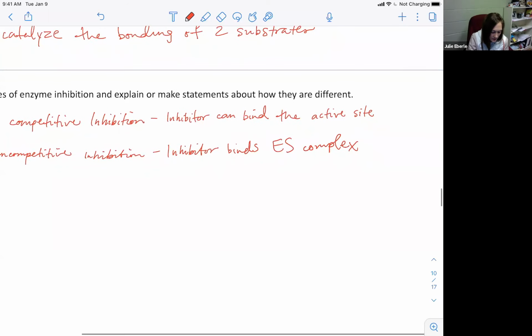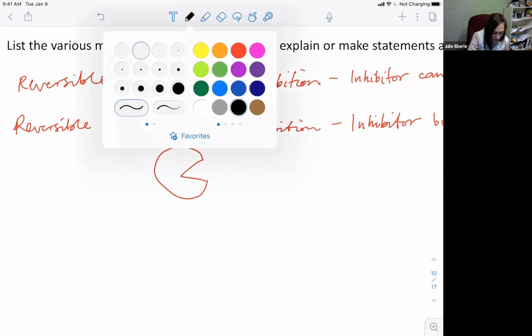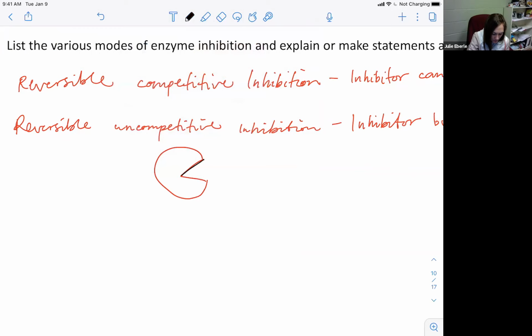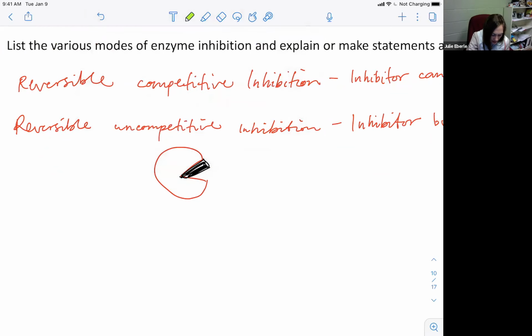So if you have this enzyme and you have your substrate bound in here, okay, then the inhibitor, we'll just do it in green, it can come in and bind the enzyme substrate complex so that the substrate cannot leave.